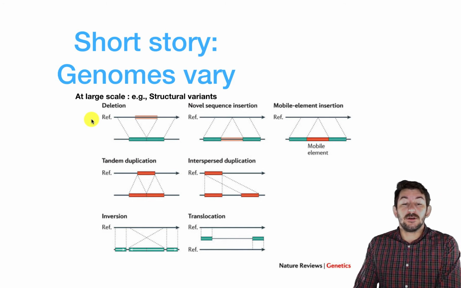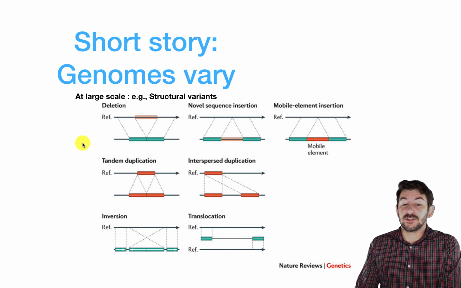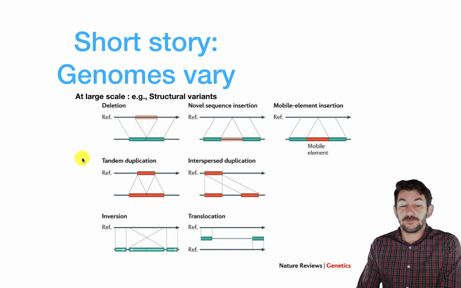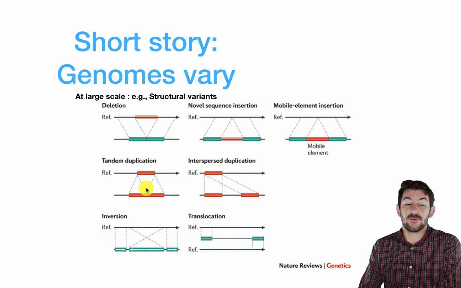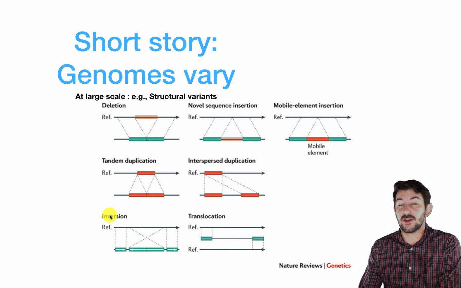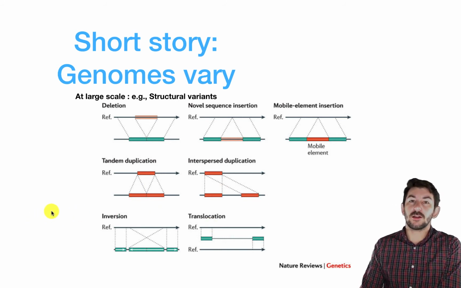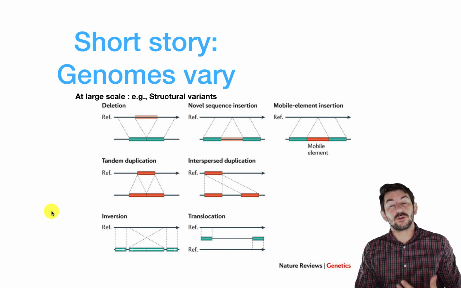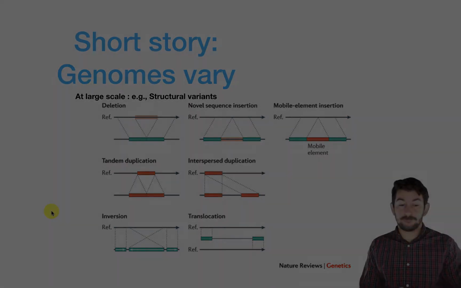You could think about structural variation as far as deletions, insertions, the movement of mobile elements. You could also have duplications, whether they're tandem, whether they're shifted around. You could have rearrangements like translocations and inversions. All of these things can make read mapping and alignment both more challenging but also more informative.